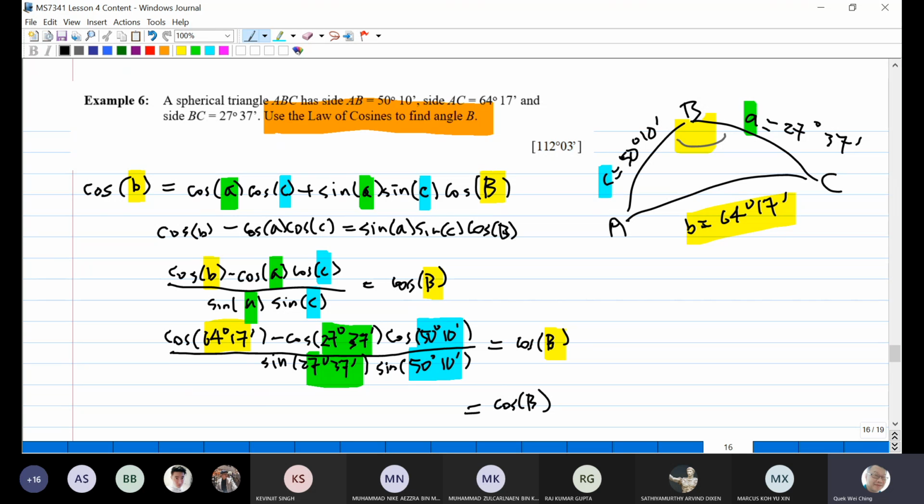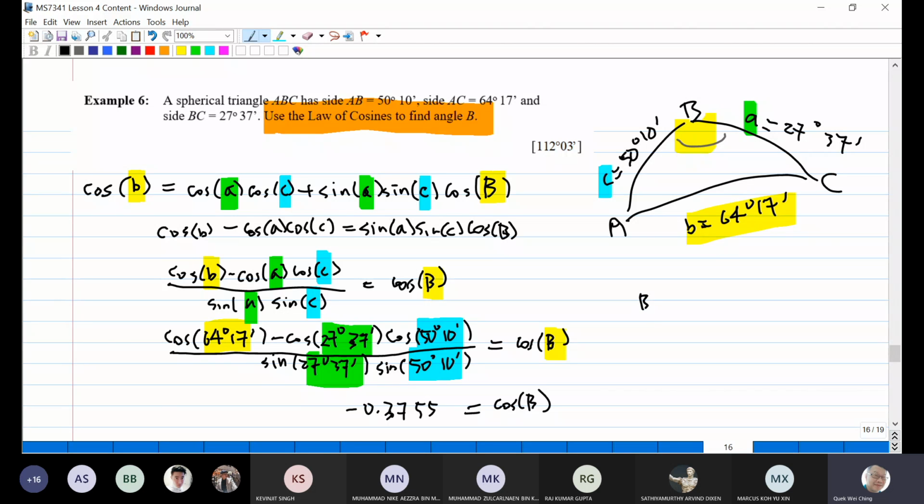Then the calculation, one more step here. Cosine B in this case equals minus 0.3755. So what is B now?